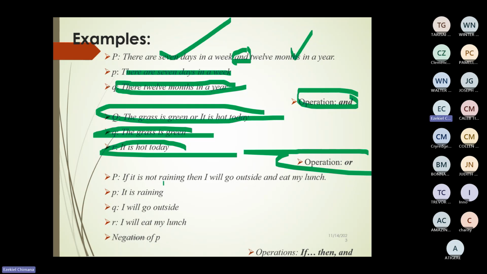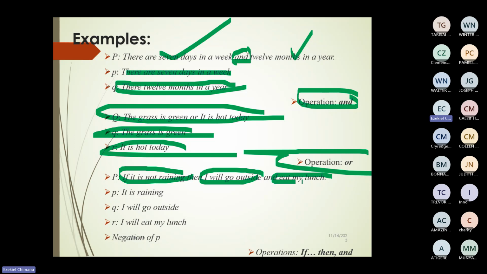Here, "it is raining" is the first statement, "I will go outside" is the second statement, and "I will eat my lunch" is the third statement.